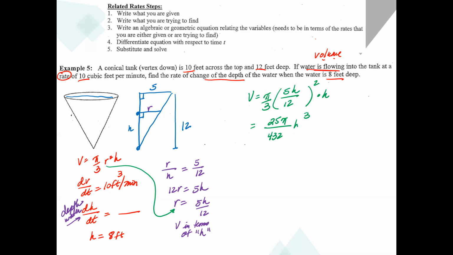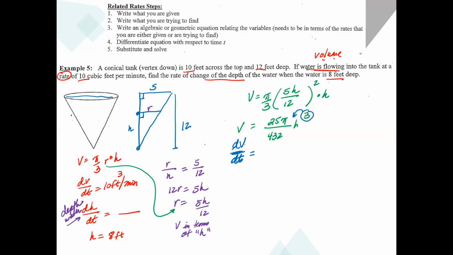So then once we have this part right here, and I still have the volume, to find the derivative of this, I will have to have the derivative, or the dV over dt, is equal to, and I would have to just do the power rule, because if you look at 25 pi over 432, those are just a constant.